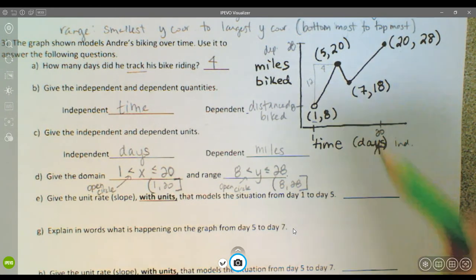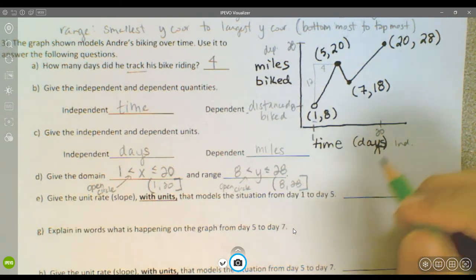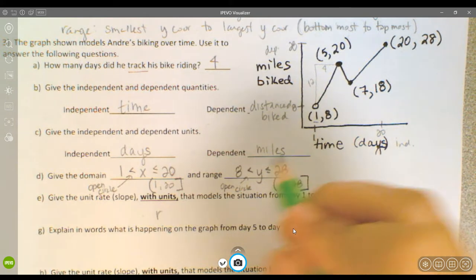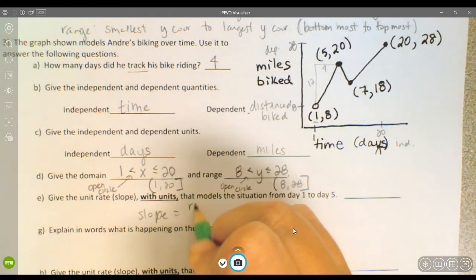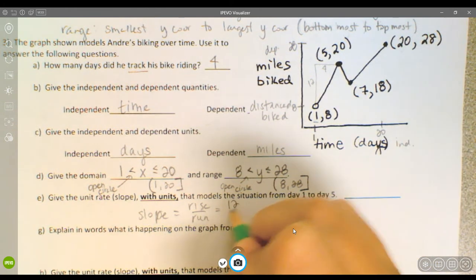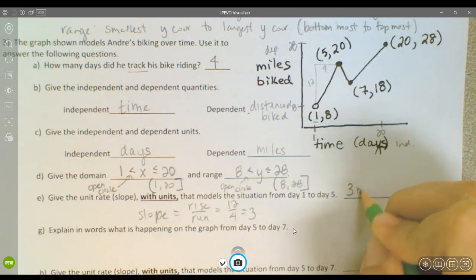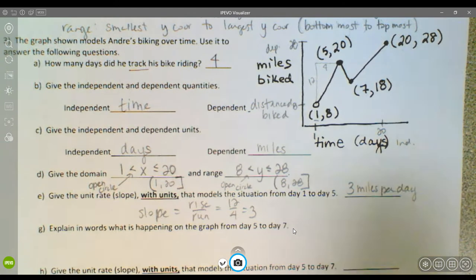And a lot of you will be able to pick up the triangle. So let's do this. Slope is my rise over my run, which is 12 divided by 4, or 3. So it looks like 3 miles per day. I hope it's not a race.